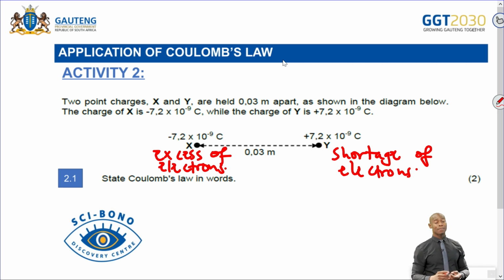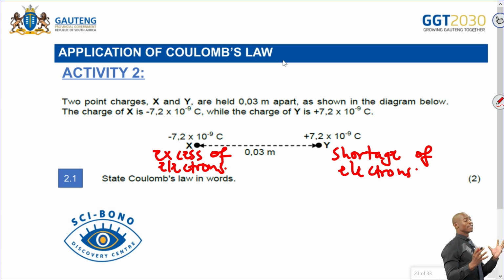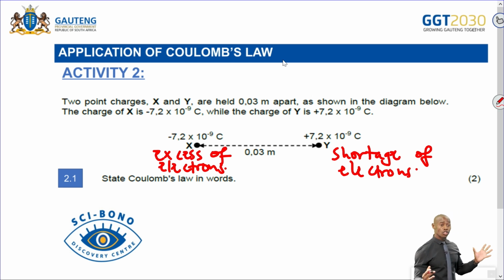Of electrons. Another thing that they can ask here, if these 2 spheres, X and Y, were brought into contact, were electrons going to be transferred from Y to X or from X to Y? Obvious, electrons are always transferred from a sphere with excess of electrons to a sphere with shortage of what? Of electrons.